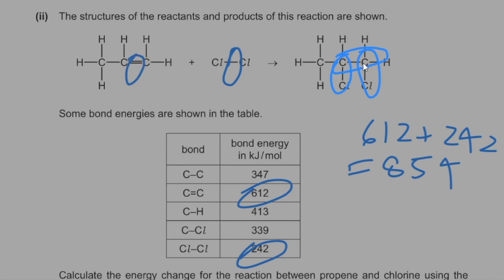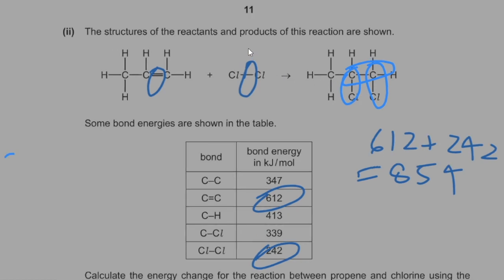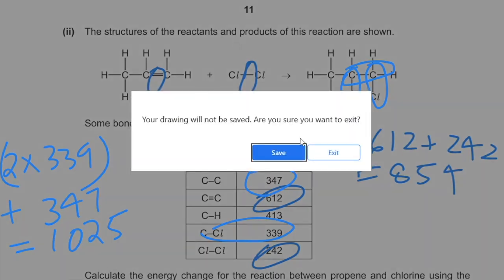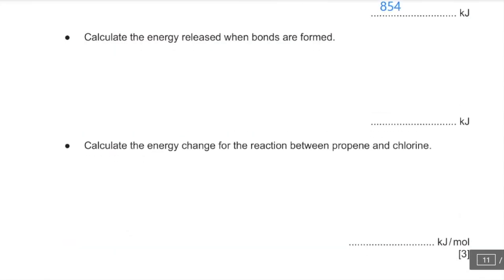So now we also need to form this single carbon bond along with the two chlorine and carbon bonds. So here we have 2 times the bond energy of carbon and chlorine, which is 339, plus the carbon-carbon bond, which has the energy 347, and this has sum of 1025.